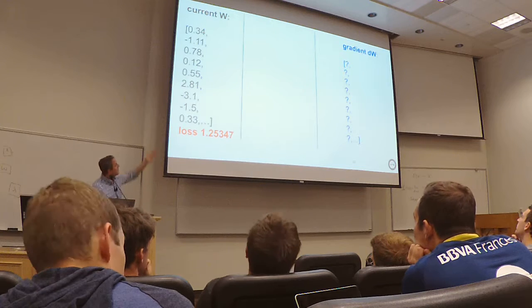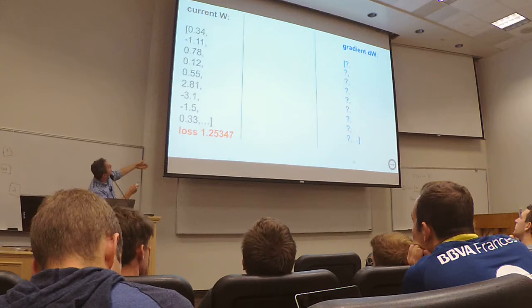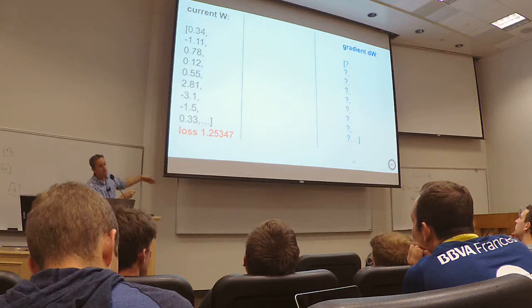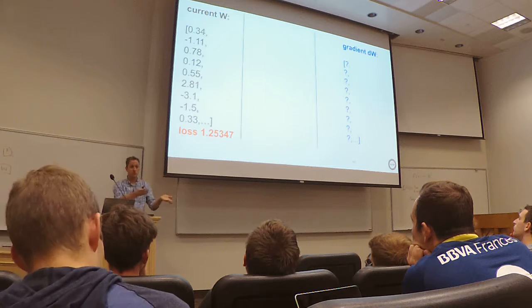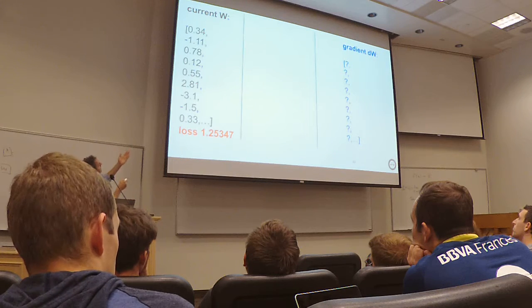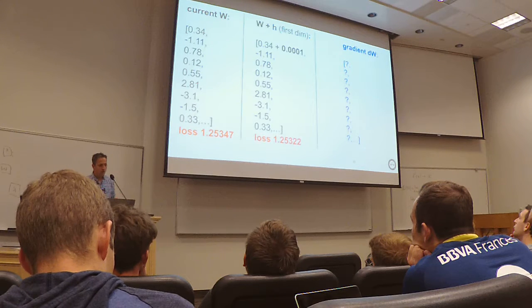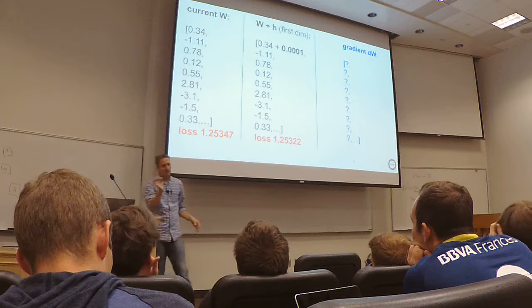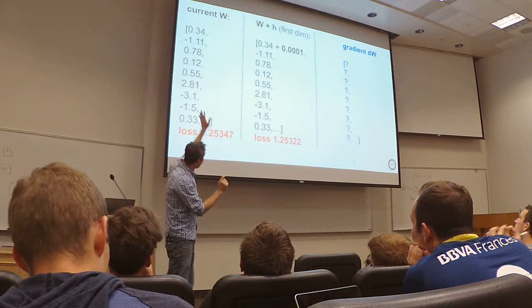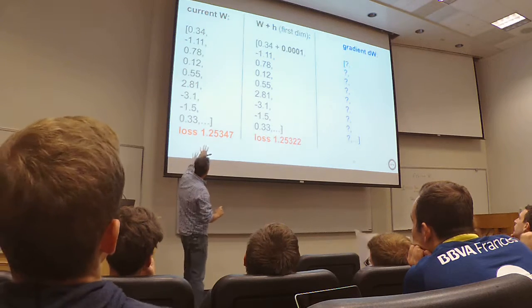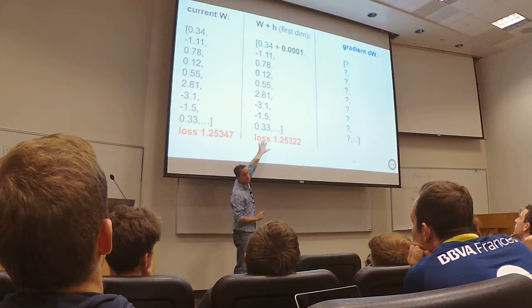Let's imagine we have some function and some weight vector, and we'd like to know the gradient. Remember, the gradient is just a vector of partial derivatives. So we take each one of these and tweak it a little bit. We take 0.34, add an itty bitty bit to the number, leave everything else the same, and recalculate the value of the function, which in this case is our loss.